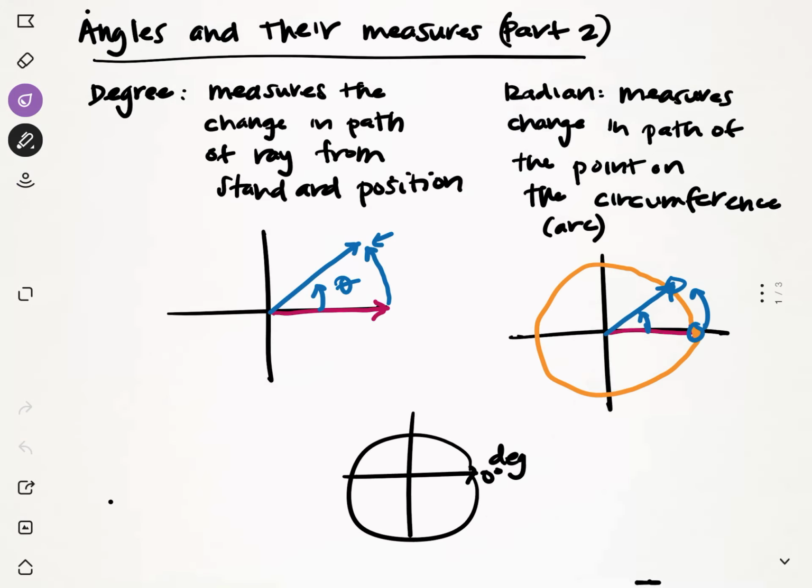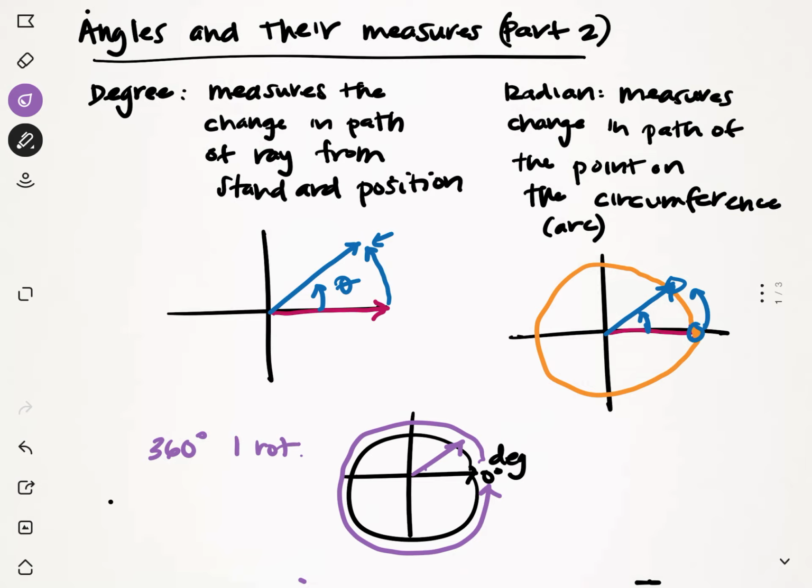If we travel all the way around the circle, so we have our ray here and we rotate that thing all the way back to the beginning, that's going to be 360 degrees for one rotation. Right, makes sense. We turn all the way around, that's 360 degrees. We're super familiar with measuring angles, and a complete circle in degrees is 360 degrees.